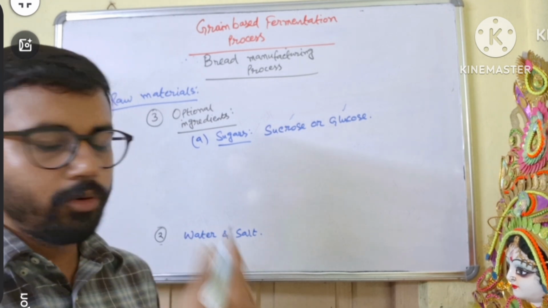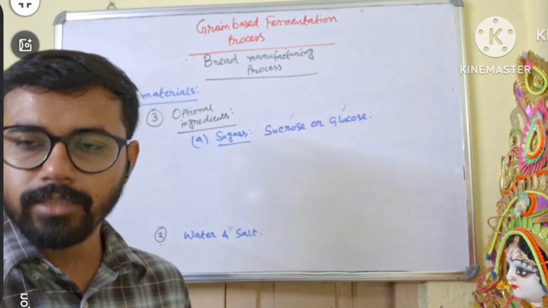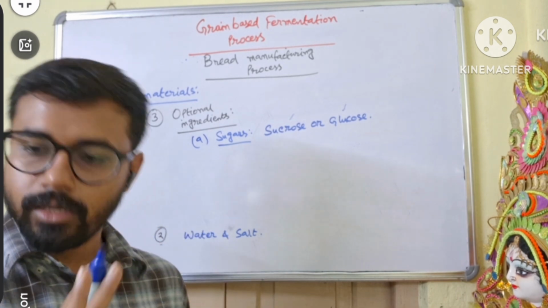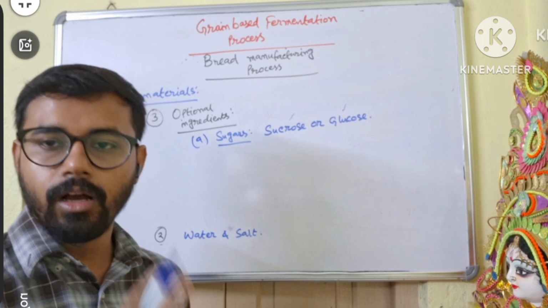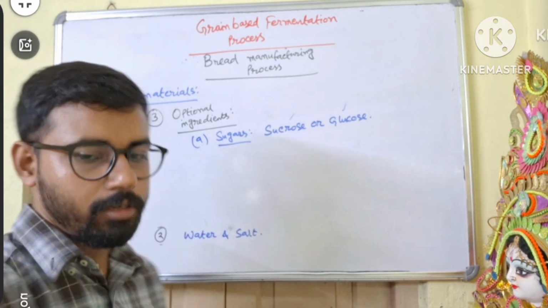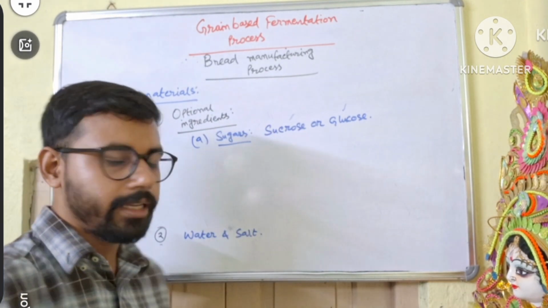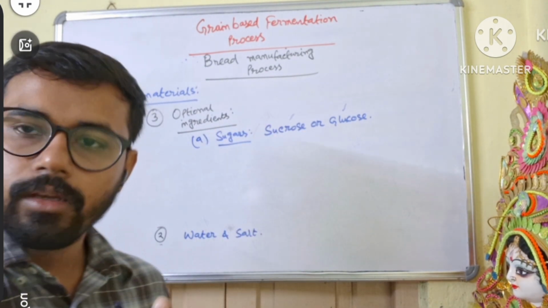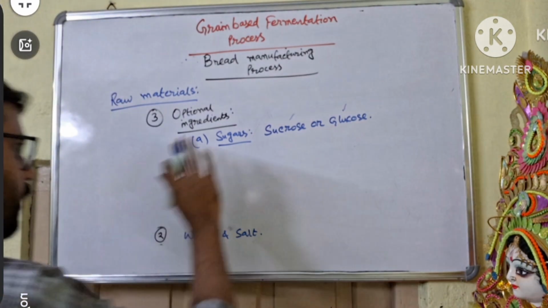So an initial amount of monosaccharide or disaccharide activates the yeast well. Otherwise, the wheat flour also contains carbohydrate, but it remains in polysaccharide form, hard to digest, and it needs time for yeast activation. So an initial amount of glucose or sucrose inside the bread dough actually activates the yeast. So it is optional.